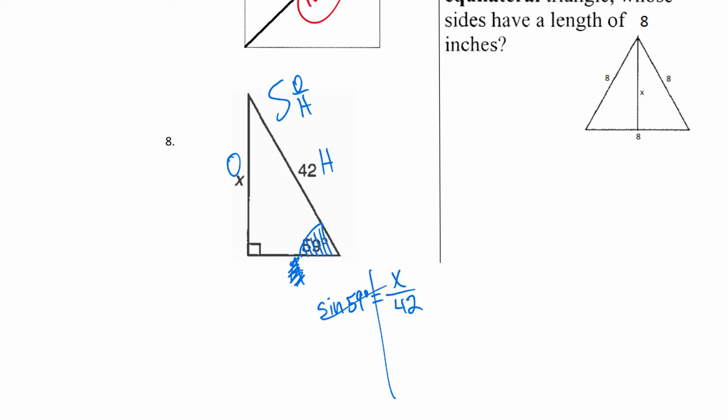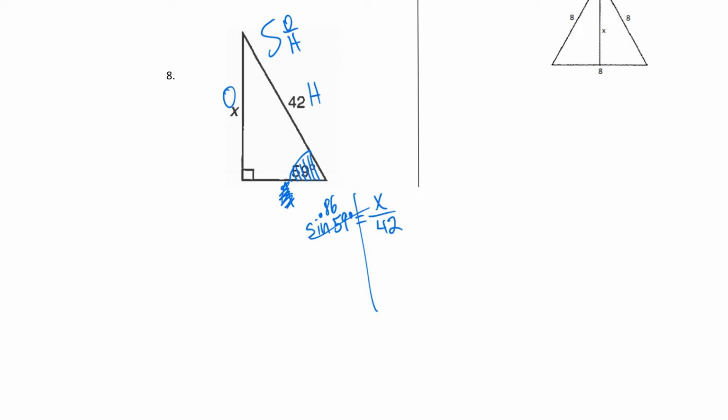All right, so in my calculator, sine of 59 is 0.86. And since the x is on top, I'm multiplying, so I'm going to do 42 times 0.86. And that's going to be about 36.12.